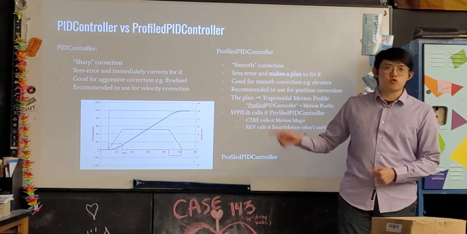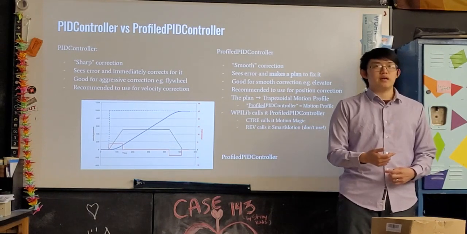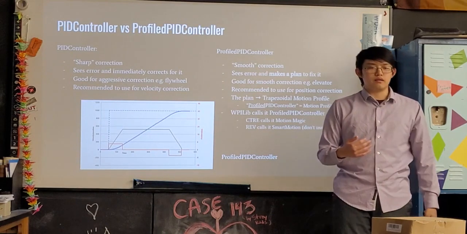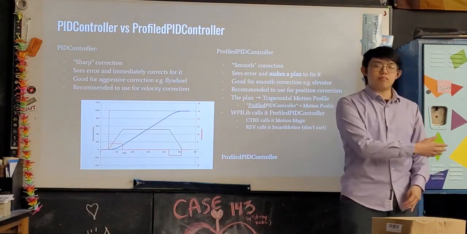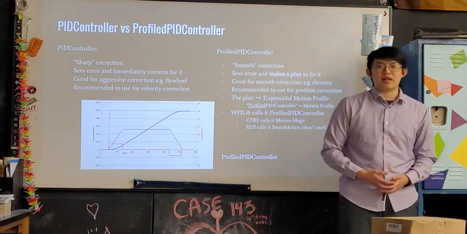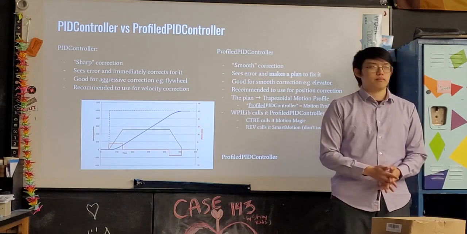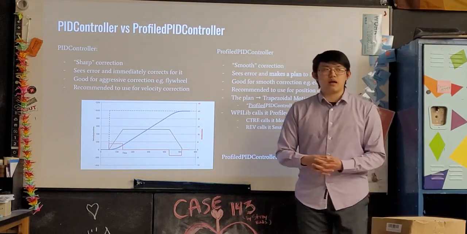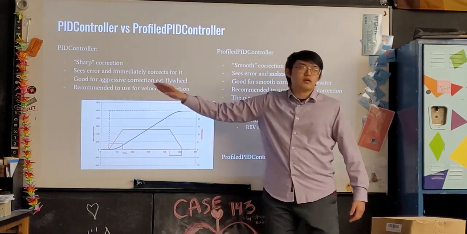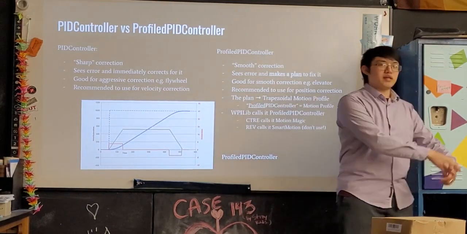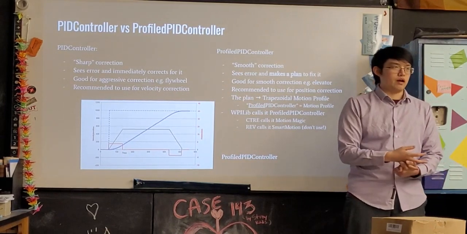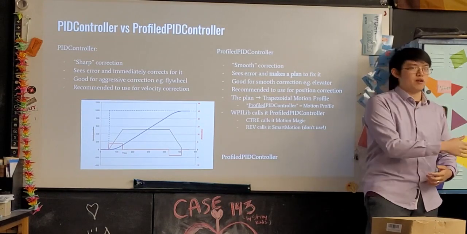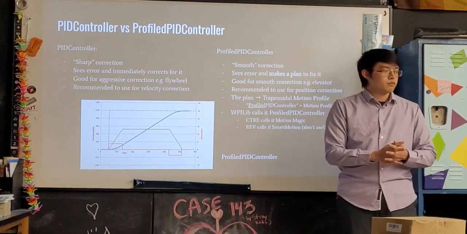The PID controller will kick in really fast and see that the error is now 3 meters per second, and then immediately supplies more voltage to correct for that sudden drop in velocity. Okay, so that's why I call it aggressive correction. It jumps right in, right? It sees that error that dropped to 2 meters per second and is like, hey, amp it up a bit right now. Okay.